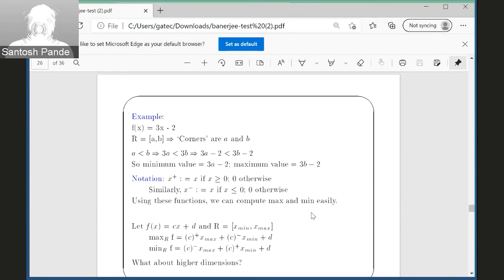By putting a here, the value that we'll get applying the lower bound will be 3a minus 2. So that will be our min value, and the max value will be 3b minus 2. That's how we'll get those. But things are more complicated than this simple example, and here is how we do the min and max computation of any function using Dantzig's way of doing things.